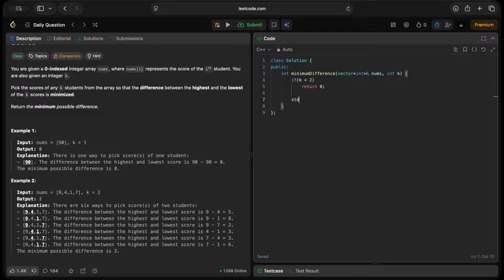And then we're gonna, I don't know this sort, or no, that's not what we're sorting. We're sorting nums. I don't know if that's the right syntax for it. I can look it up here in a minute.